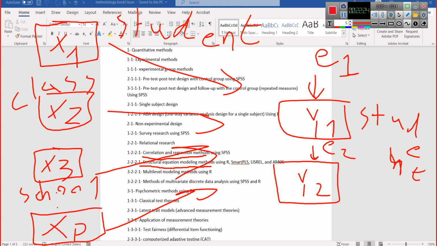It is also possible that you combine structural equation modeling methods with multi-level modelings.